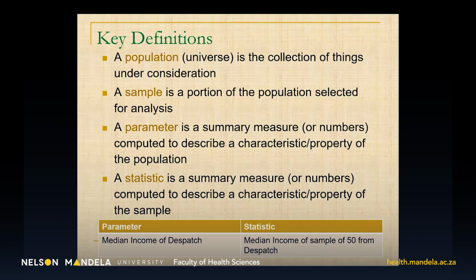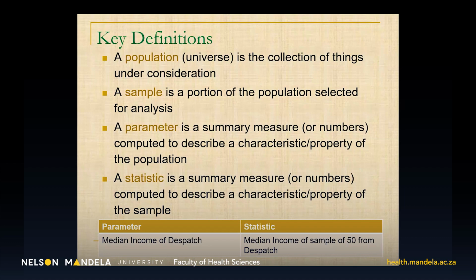A parameter, therefore, is a summary measure or number calculated or computed to describe a characteristic or property of a population. The key word here is population. So it's the number or summary measure that describes a population. A parameter describes a population, and a statistic is a number or summary measure that describes a characteristic of a sample.